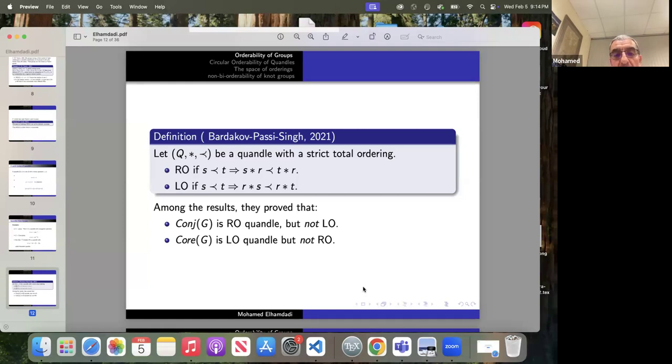Among the results, they proved that the conjugation quandle of a group G is right orderable, but it is not left orderable. They proved also that the core of the group G is left orderable, but not right orderable.